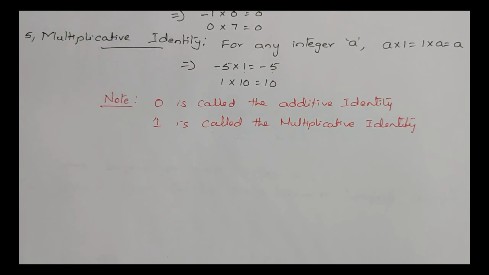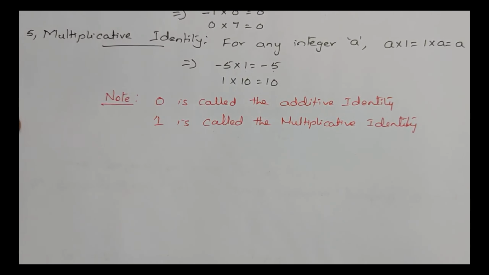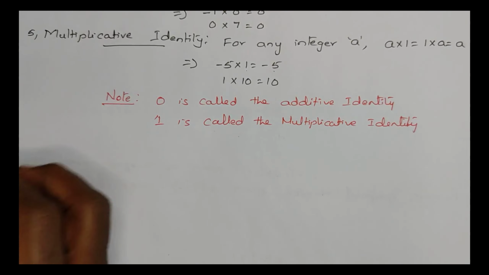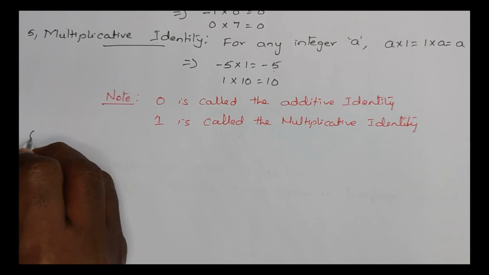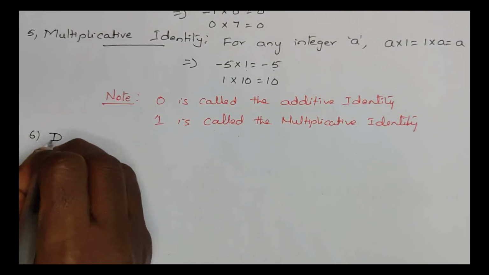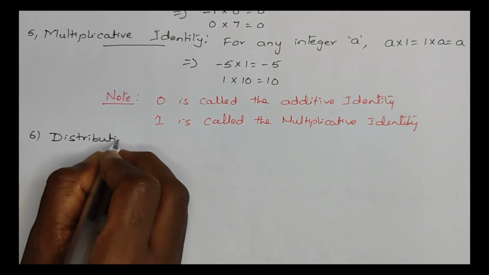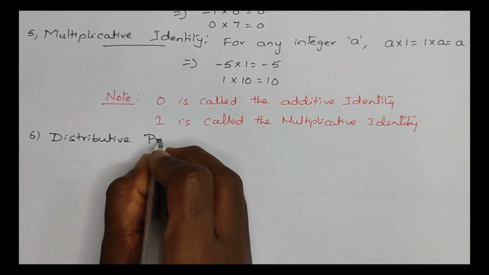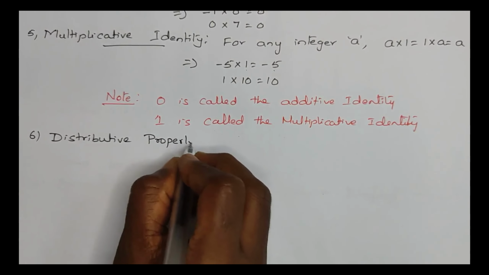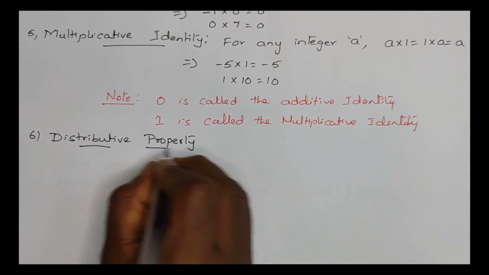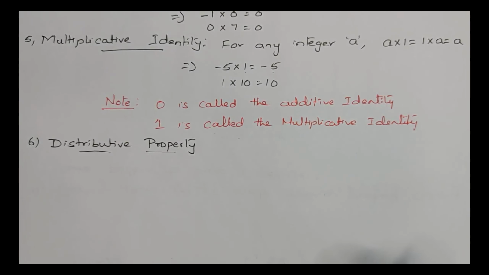And now, using both addition and multiplication operations, we have another property which is called the distributive property. Distribution, I think you know. What is the meaning of distribution? Distribution means we give to somebody, we share with somebody.